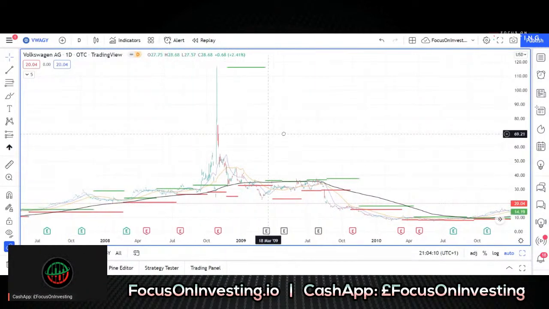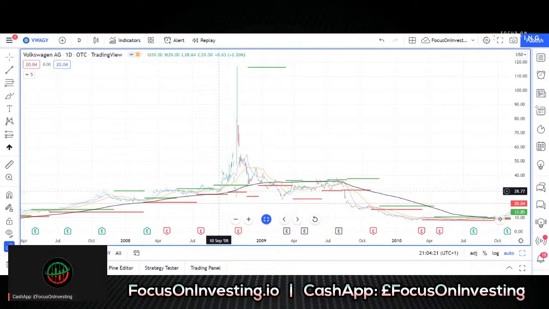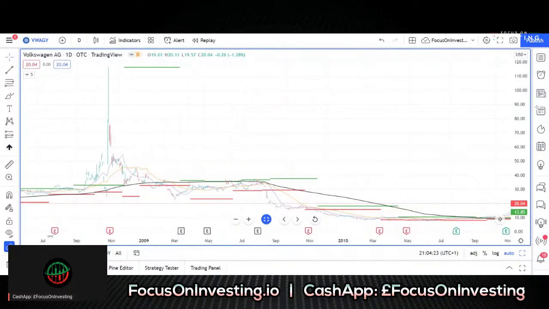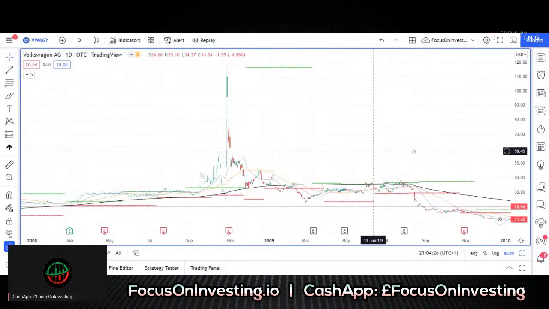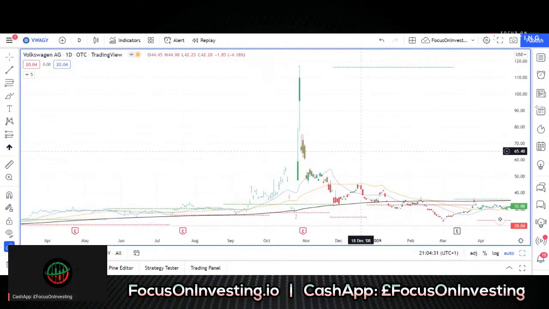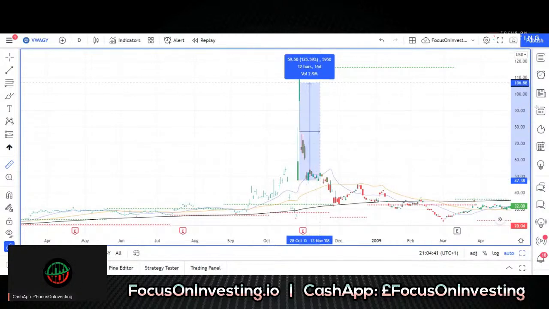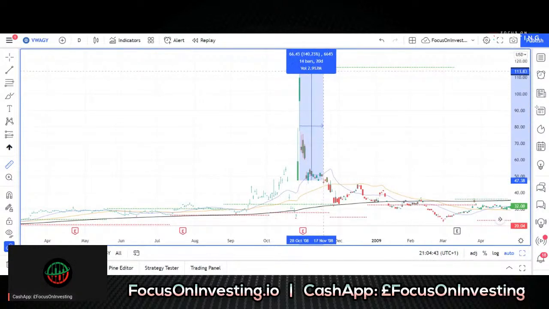Now this spike was caused because, as I said, Porsche let people know that there are not enough stocks available for people to exit their position, right? So if I get into a 1-day zoom to get a bit closer, and bring out our ruler, we can see that the percentage growth for that day was crazy.